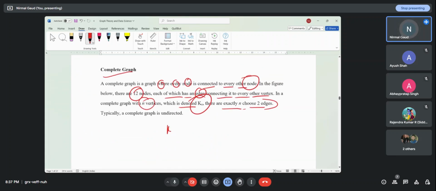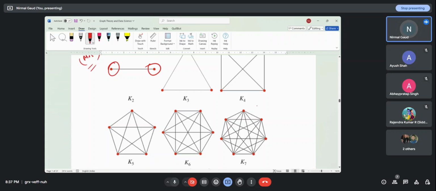We have n vertices, so we represent the graph by Kn. There are exactly n choose 2 edges. It might be somewhat confusing, but the point should be clear. In this way you connect every to every. This is a complete graph.